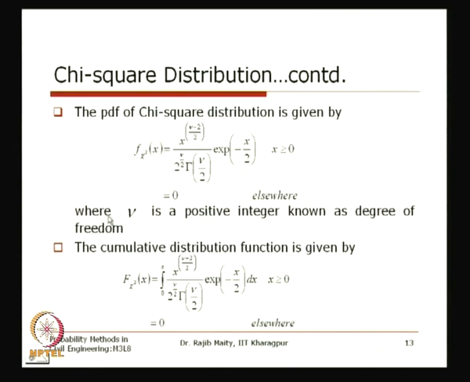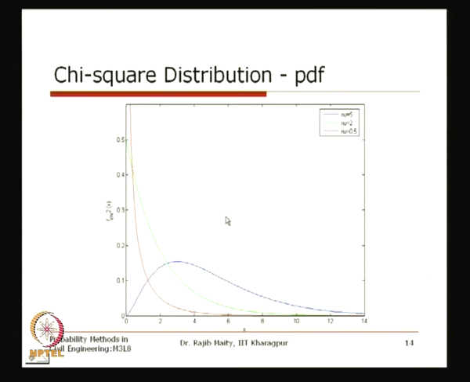The cumulative distribution is the integration of the PDF from the lower support to a specific value x, also defined for x greater than or equal to 0 and 0 elsewhere. We will now look at its different moments.